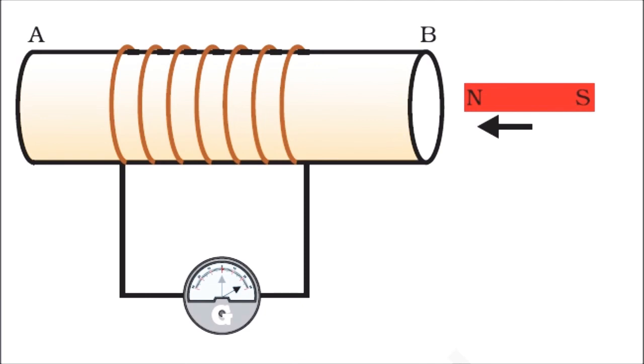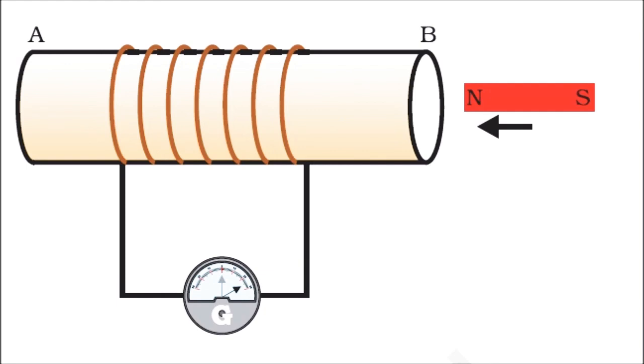Now here is a coil AB with a large number of turns and a galvanometer attached to the coil. When a bar magnet is moved with its north face inside the coil, the galvanometer deflects, let us say in the right direction, which means a current is induced.